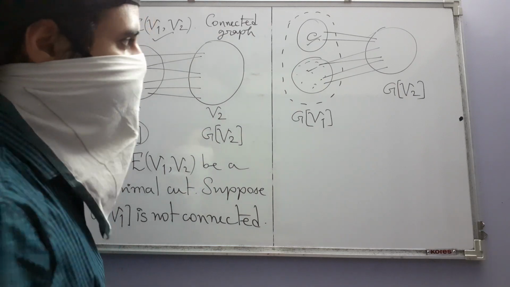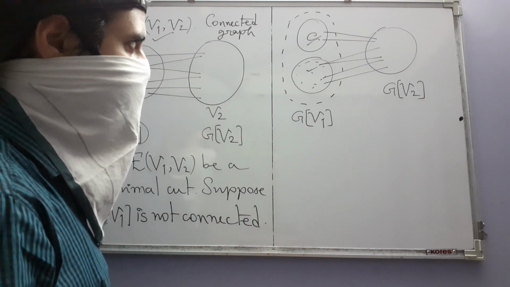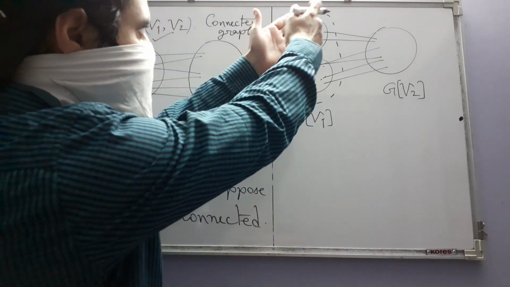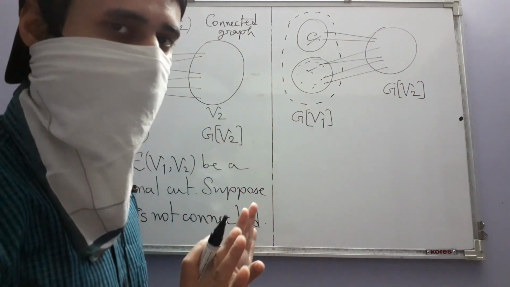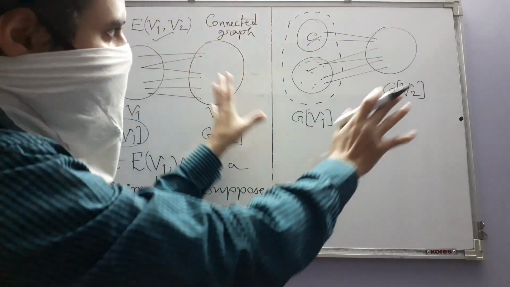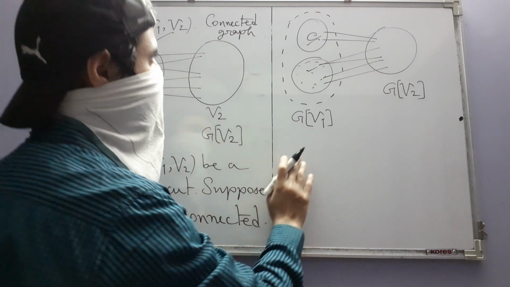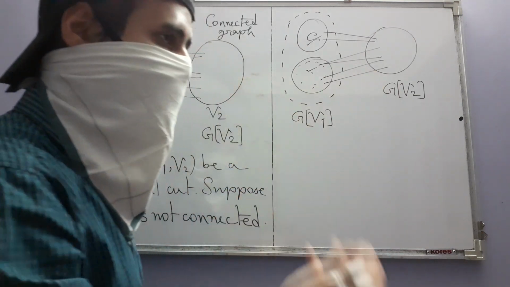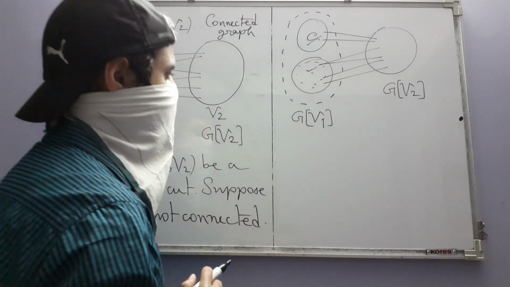Now what we do, we consider another partition of the vertex set. All the vertices of G are already here, in fact we have the entire G here itself. So now we repartition the vertex set like this.